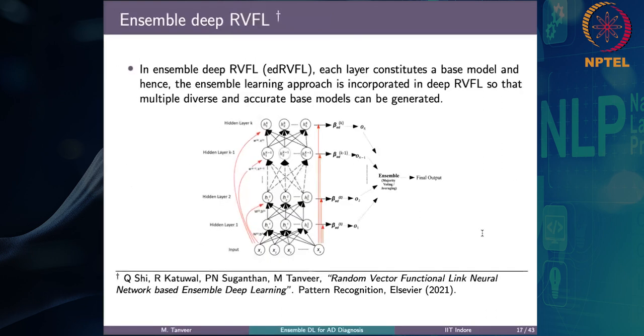And if you look at the ensemble deep RVFL variant, the only thing that we have incorporated is the strategy of ensemble learning. The ensemble learning approach is incorporated in the deep RVFL network so that multiple diverse and accurate base models can be generated.